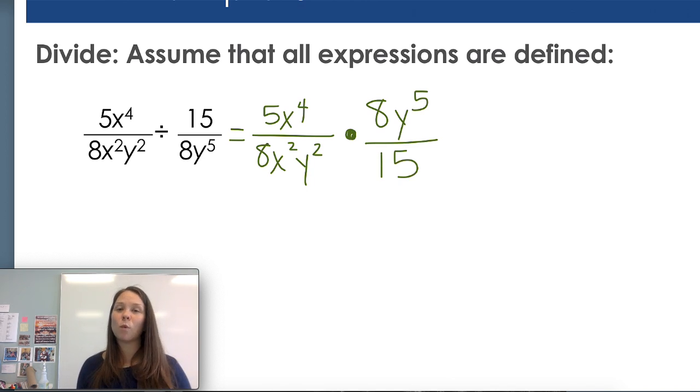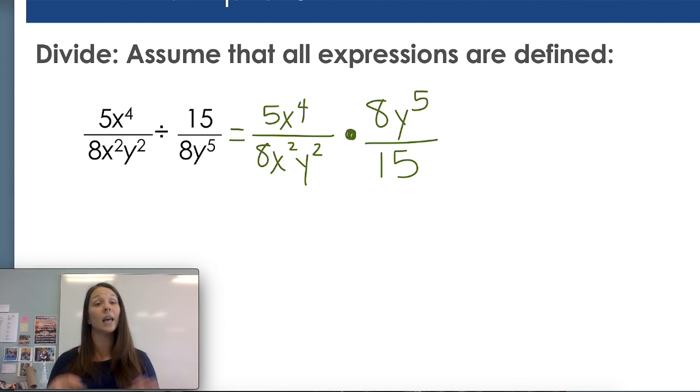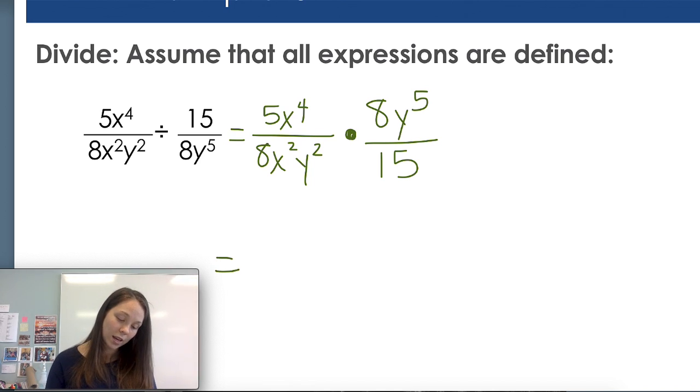Now you might be thinking, why don't we do a couple things in one step, Mrs. Walker, and do some simplifying and rewrite this as multiplication all at once? And you definitely can, but I'm going to take this one a little bit slower because it's our first. All right, now looking at our problem, I have 5 over 8. That cannot be simplified at all. So that is going to stay the same.